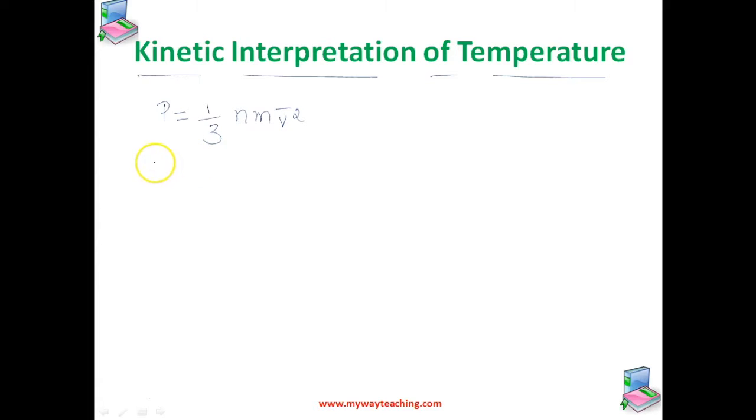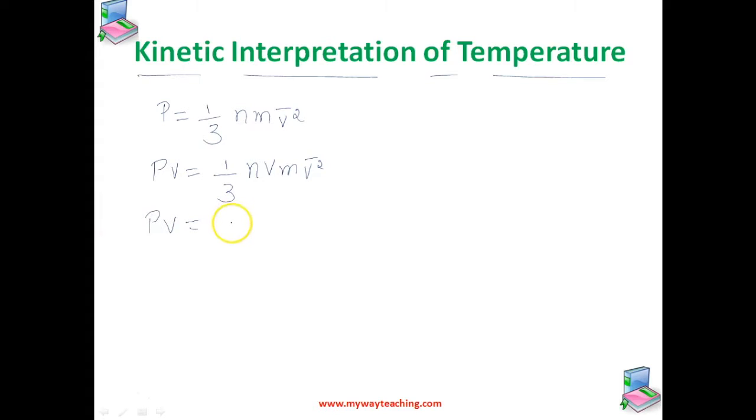And we can write this equation as PV is equal to 1 by 3 n V m v bar square, isn't it?